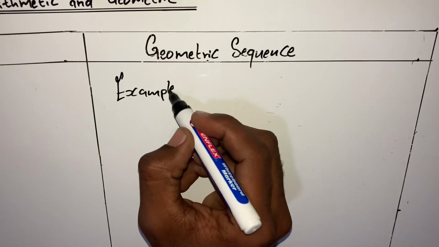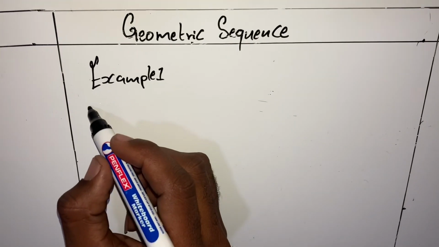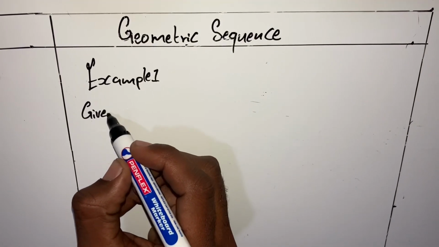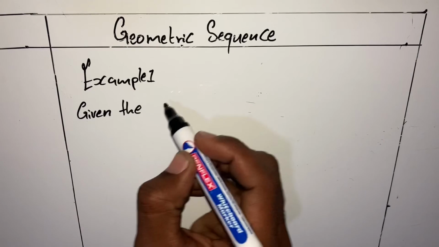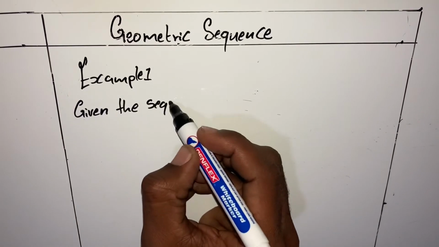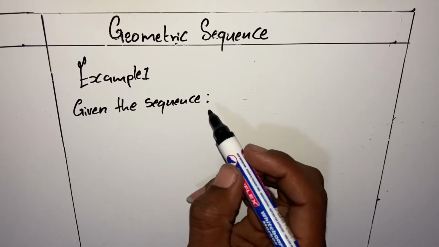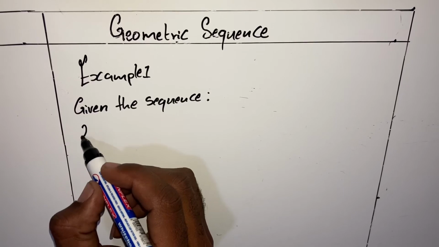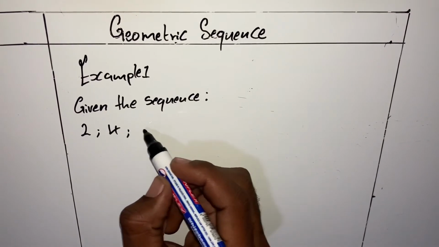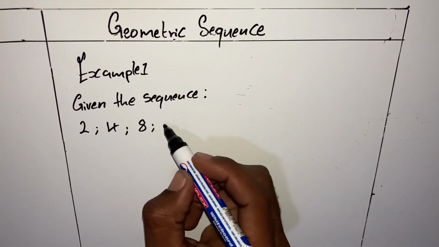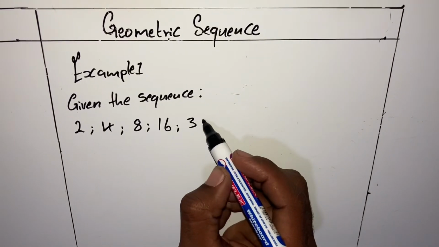For our example 1, you're given the sequence 2, 4, 8, 16, 32.